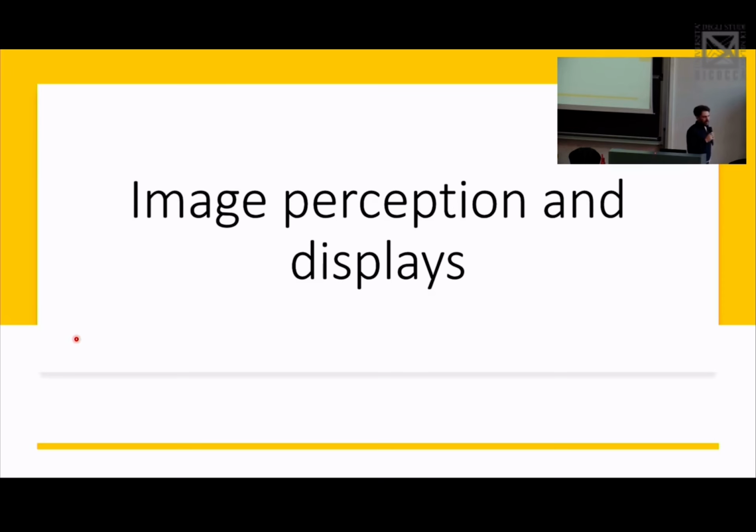So let's quickly introduce the topic of image perception and display. We will come back to it in the later part of the course, when we see how radiologists actually read images, to make a comparison with what a computer might look for in an image.